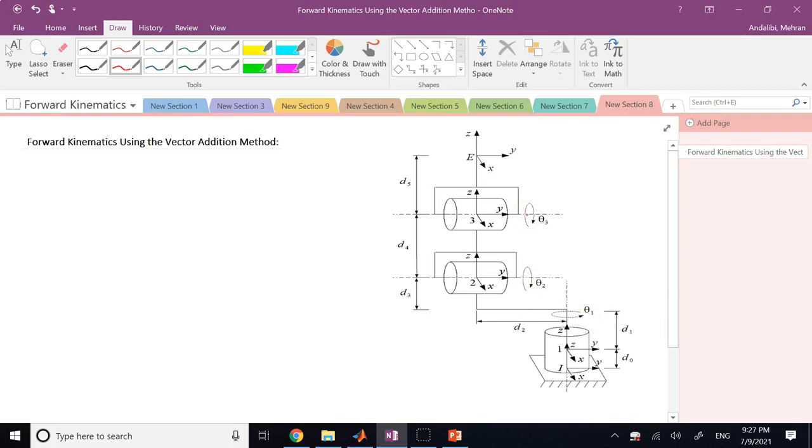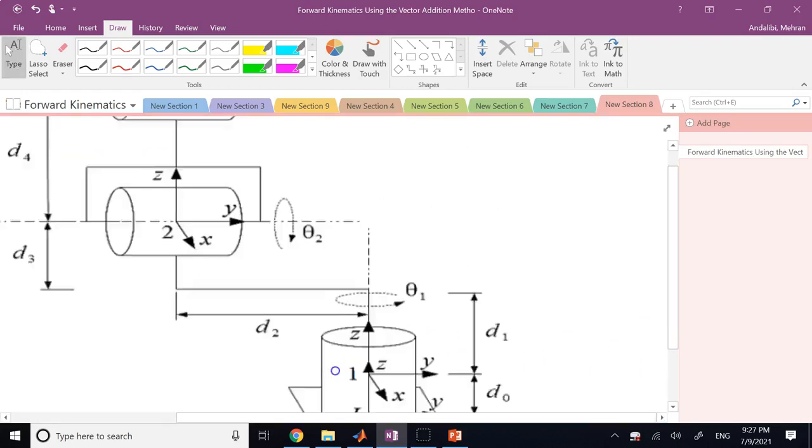So what we want to do is to solve this problem as forward kinematics using a new method called the vector addition method. So here, I will set up my coordinate frames at my convenience.